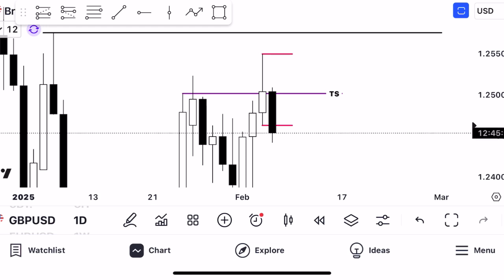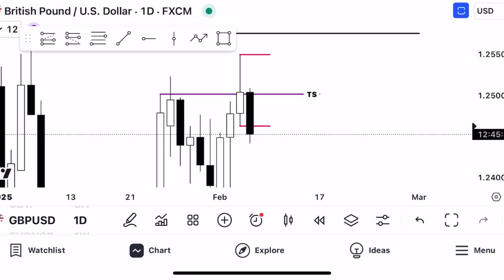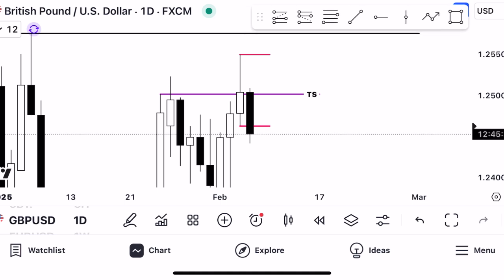You're going to risk 1% of your account to make at least a 1 is to 1 RR, a minimum 1 is to 1 RR. So let me show you the possibilities which you have in a day.